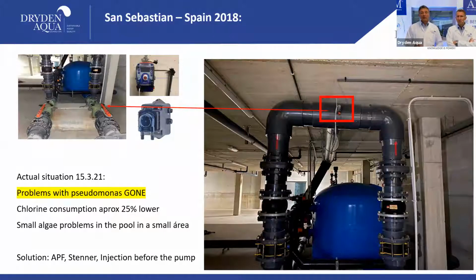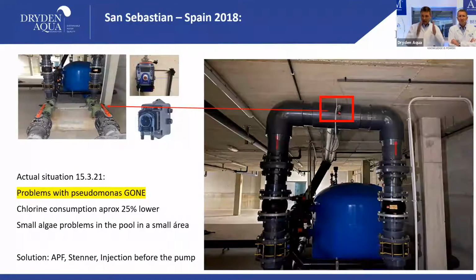Maybe a last thing, he has small algae problems in the pool, in a small area. So you see, that's really Spanish. Spanish, yeah. That's really Spanish. And that brings me back to session number 8. Remember, session number 8, we said UV medium pressure, they are not great because THMs go up.